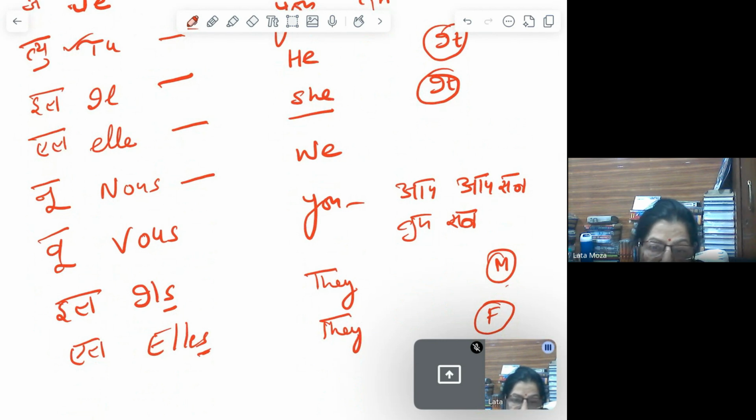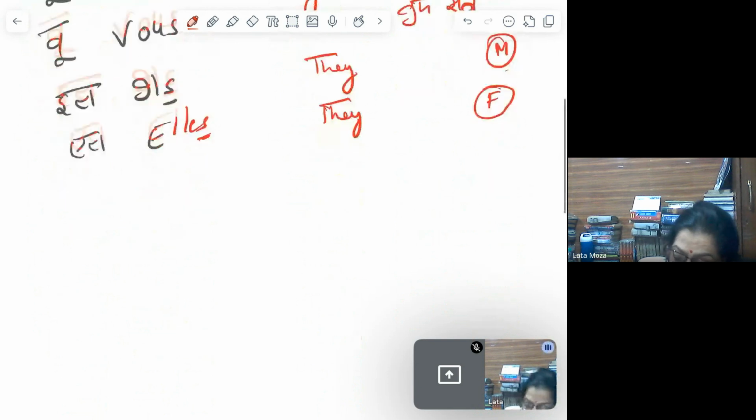When we go for the conjugation part, before beginning the first lesson, we have to understand how to conjugate the verb être. Être means to be. Let's see how we can conjugate the verb être. Now we're going like this only.